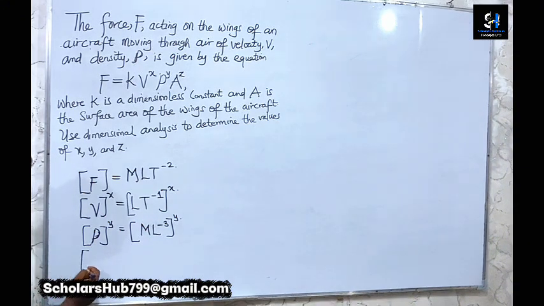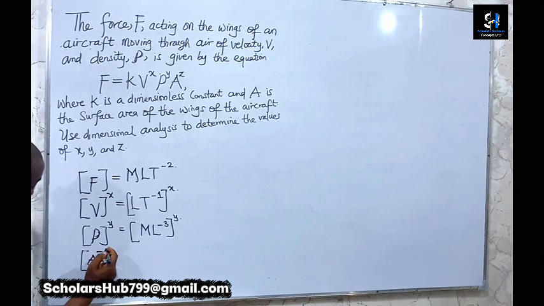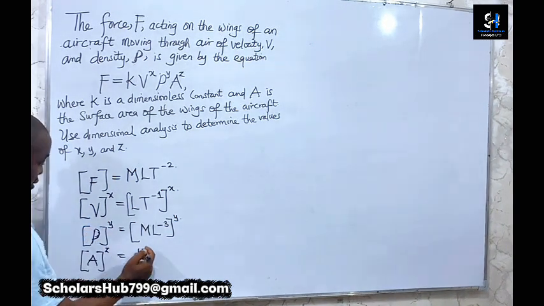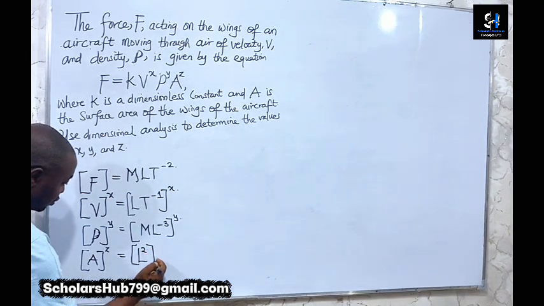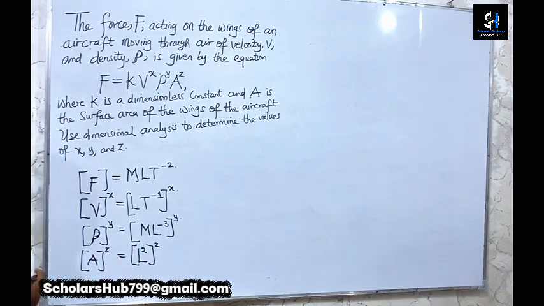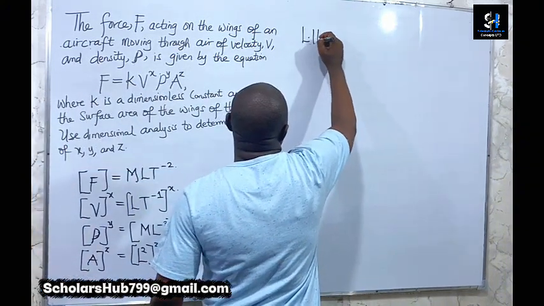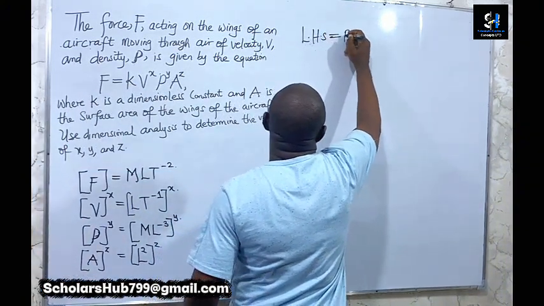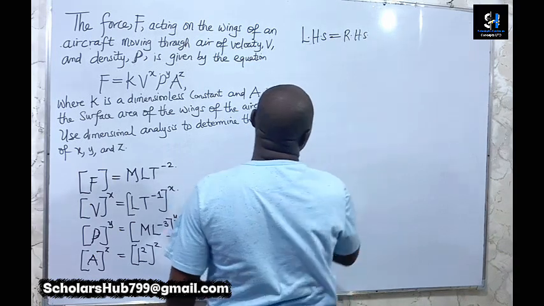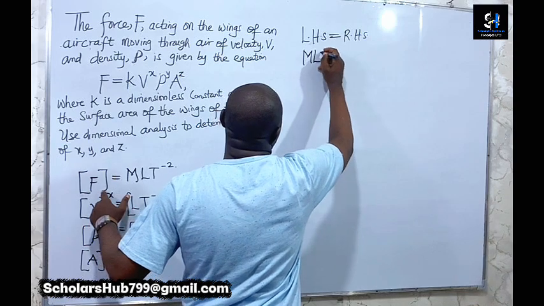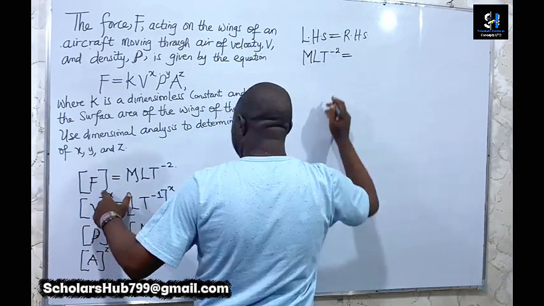Then we have area, so the dimension of area raised to the z will be, area is L squared, L^2, then raised to the z. So this is the right hand side, and the left hand side equals the right hand side. On the left hand side we have MLT^-2.